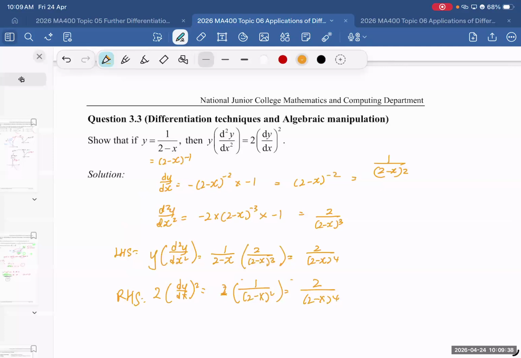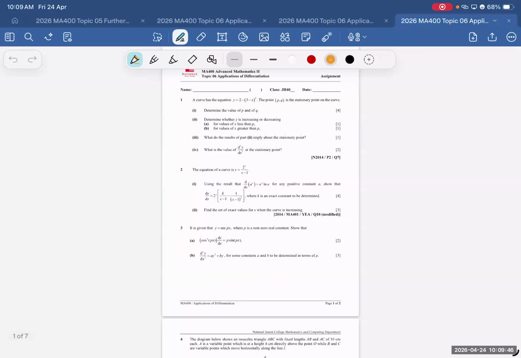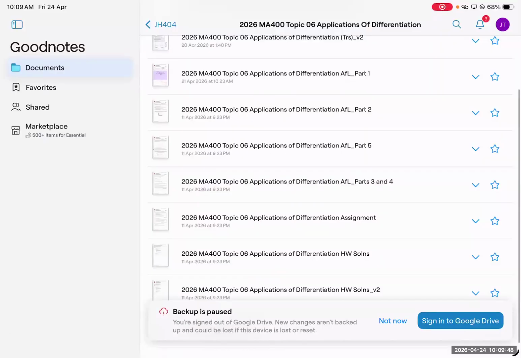Hey, we don't study chemistry. This over here. You see this one? This first topic. The first part. Topic 5. Can you just use this one?